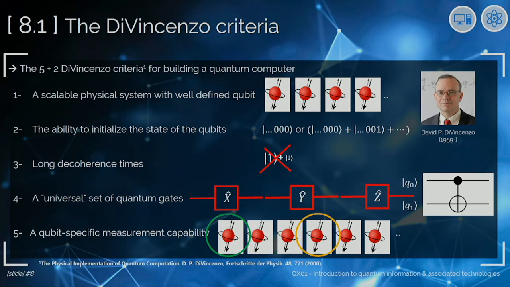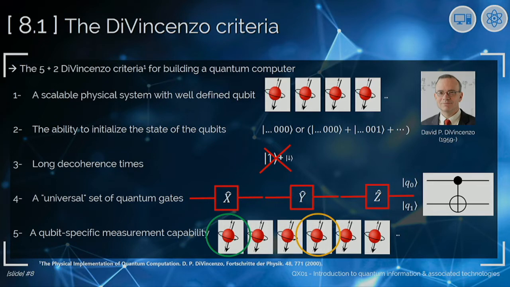This is more complicated than this, but again, it depends on the system. For some systems, to actually initialize all the qubits to a given 0 state is not trivial at all. Again, it seems like an easy task, like when you start a calculation with your computer: you want to set all your bits of information to a given state, so 0, 0, 0, 0, 0, and then you start your calculation. In a quantum computer, you want to do the same, but again, this is not that easy.